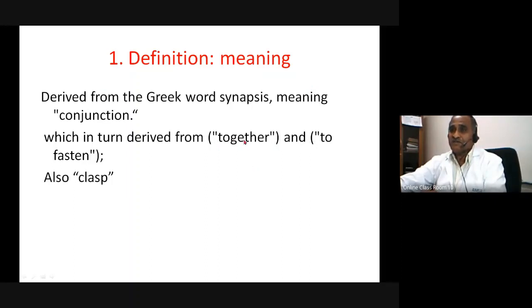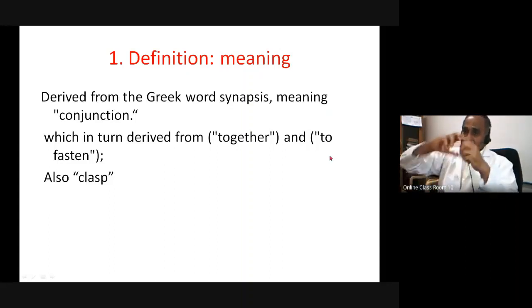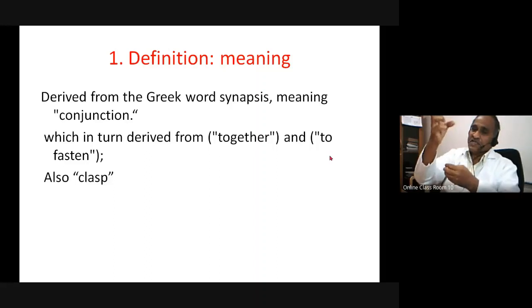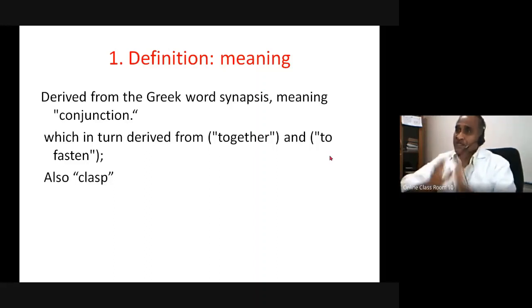And another meaning is to fasten to, that means to try to make contact. It's also known as a clasp. Clasping means trying to catch, grasp. This is the meaning of a synapse if we are talking in terms of the origin of the word.